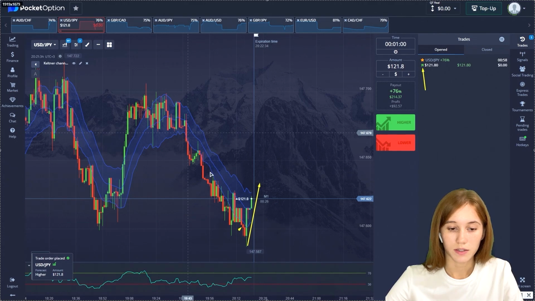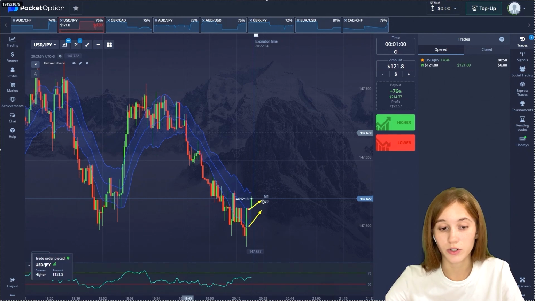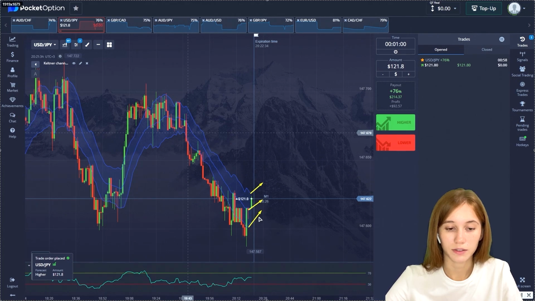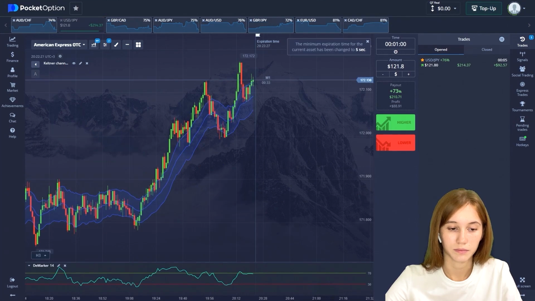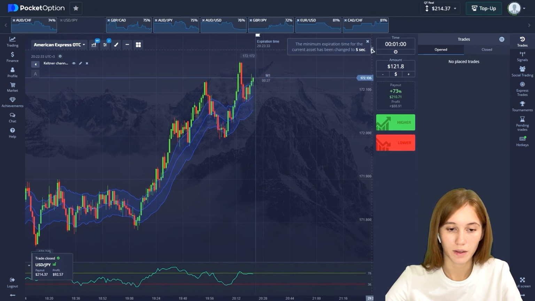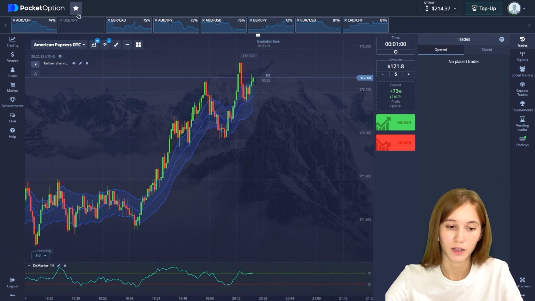After that, we see decreasing, 3 red candles, and then we open up. By Keltner, we see that our moving averages are directed up. It's also a good signal. Uptrend on our chart.